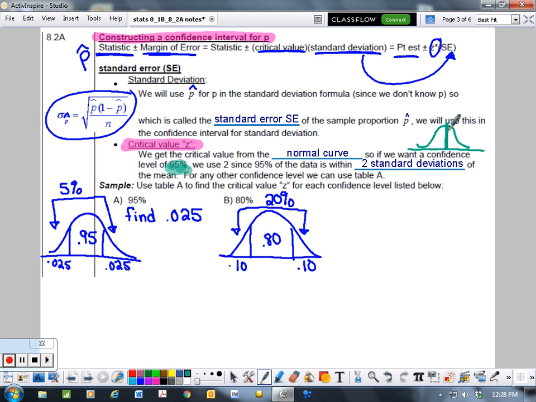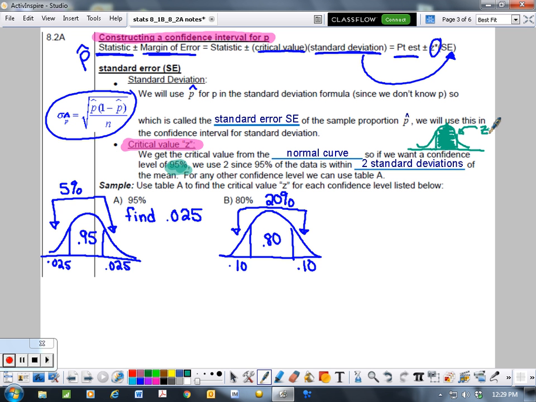And if I want a 95% confidence interval, I want 95% of the values in there to give me a good confidence interval. For that, I need to figure out what is this z value? What is that z score?